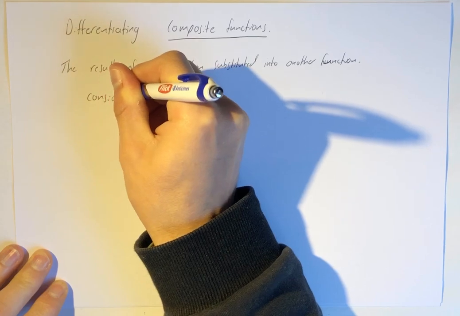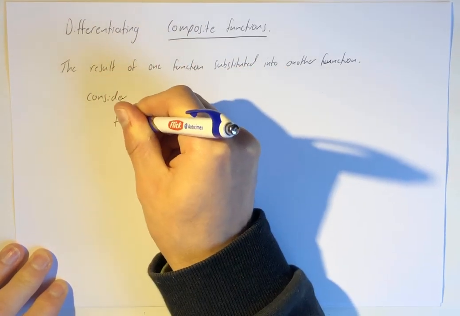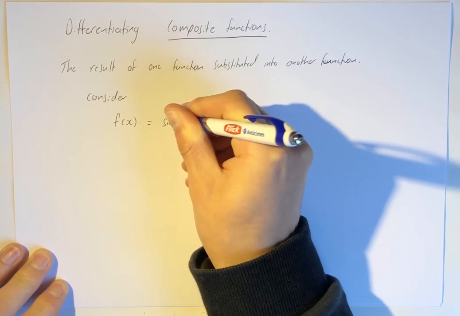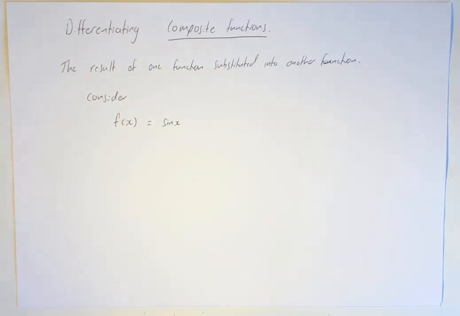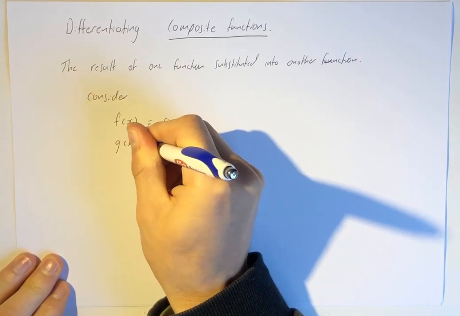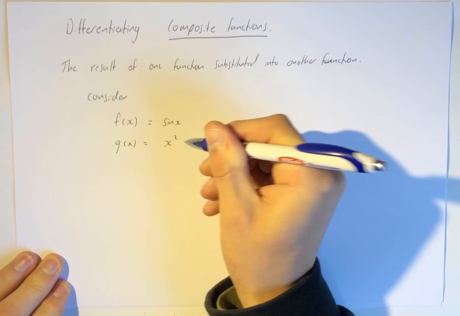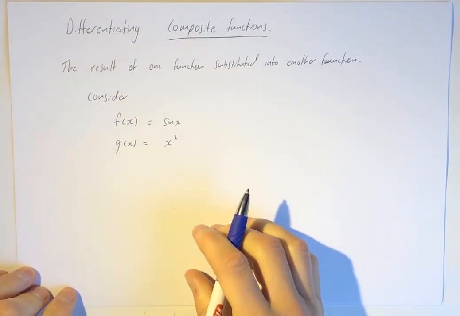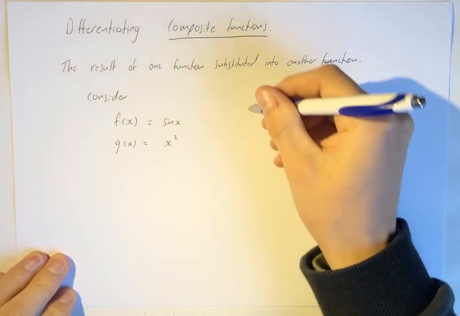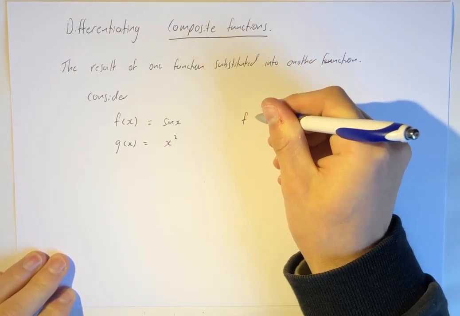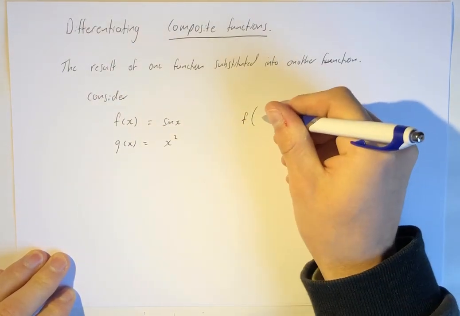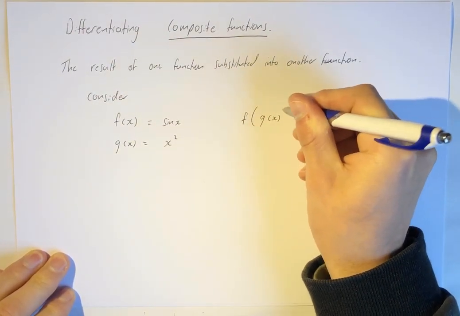Consider if we have a function f of x and we define that as sine of x, and we have another function, let's say g of x is x squared. There's two functions. Let's have a look at what happens when we compose the two. So this is what's happening when we compose f of g of x.